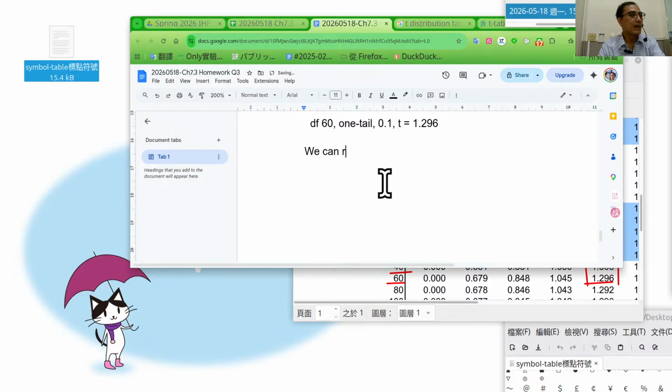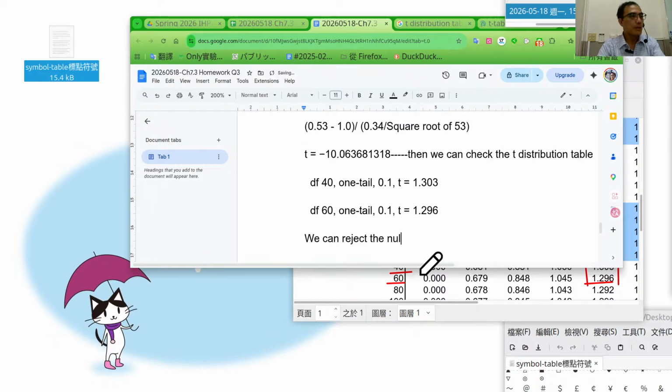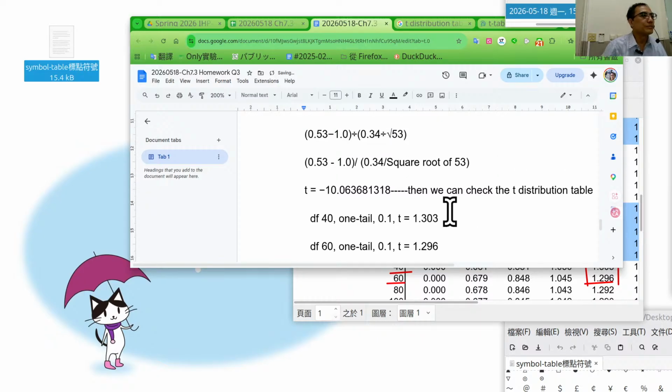we can reject the null hypothesis and accept the alternative.